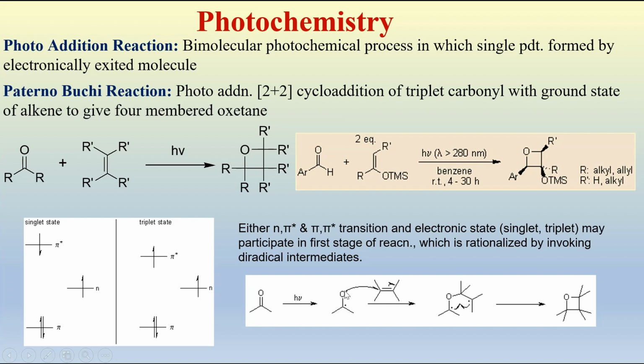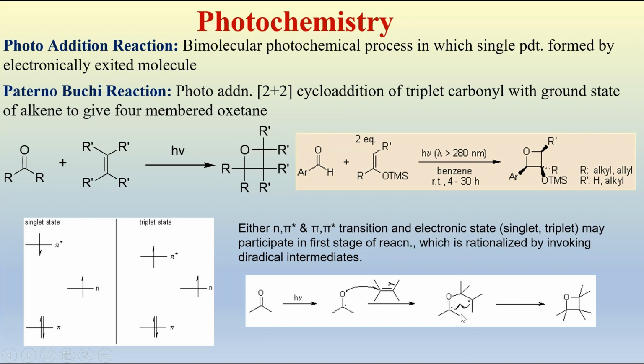To attain stability, it donates one of its electrons, and one of the pi electrons is donated to this carbon, and the carbon and oxygen bond is formed. The remaining one electron moves towards the adjacent carbon, and again a diradical is formed.